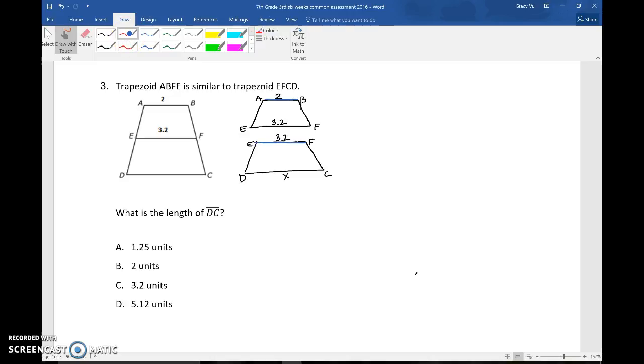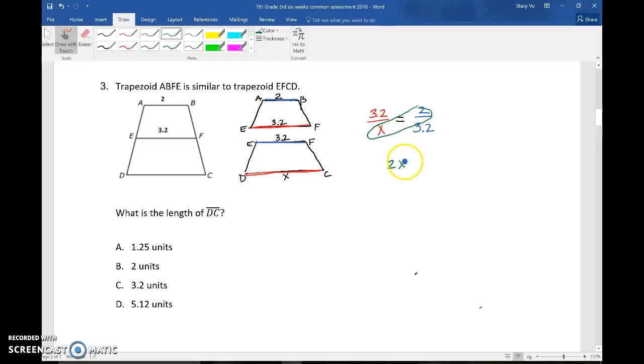The only other dimension I have is the bottom, and that's what I'm looking for. So I can go ahead and do my proportion now. So 3.2 over x equals, I'm going to go with the blues. I did 3.2 over x, so I need to do 2 over 3.2. Now I'm going to go ahead and do my cross product, and solve.